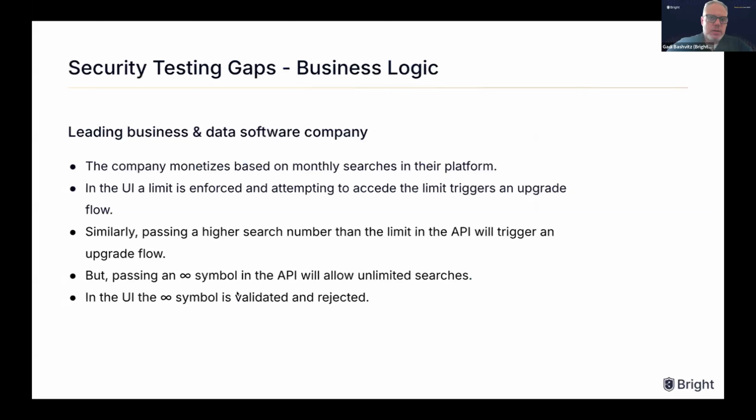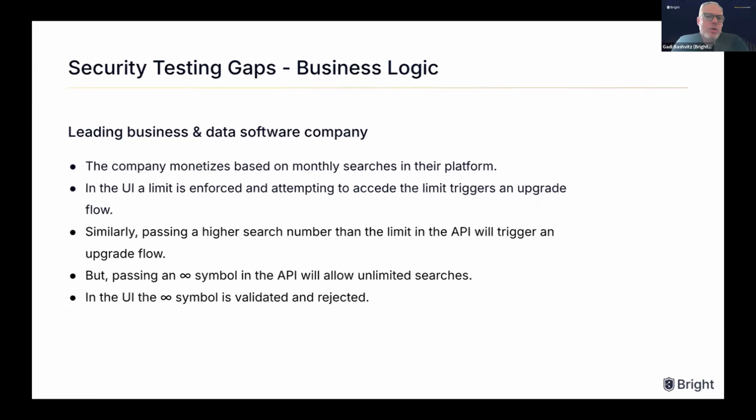The first one is really looking at a business logic attack. So this is from experience from the field. All of these come directly from the field. And this is an organization that is a very large data provider for large enterprises. And the way they operated their APIs was they limit the requests that a customer can send, and that's how they license.